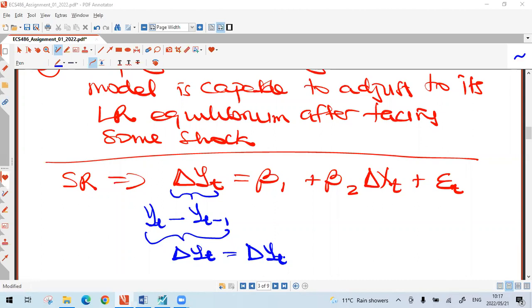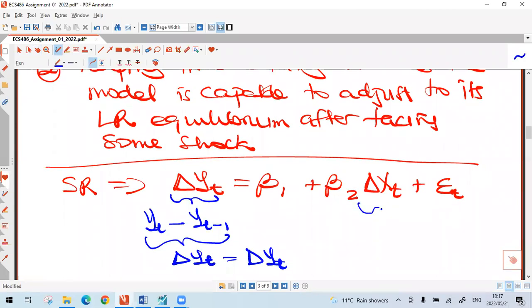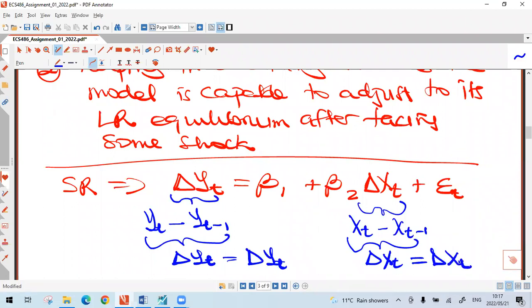Yes, we are. Great. Same with this one. If you look at this one, how do you get this? It's actually XT, the value of X this period minus what it was last period. This is the change in XT, which is actually D XT.